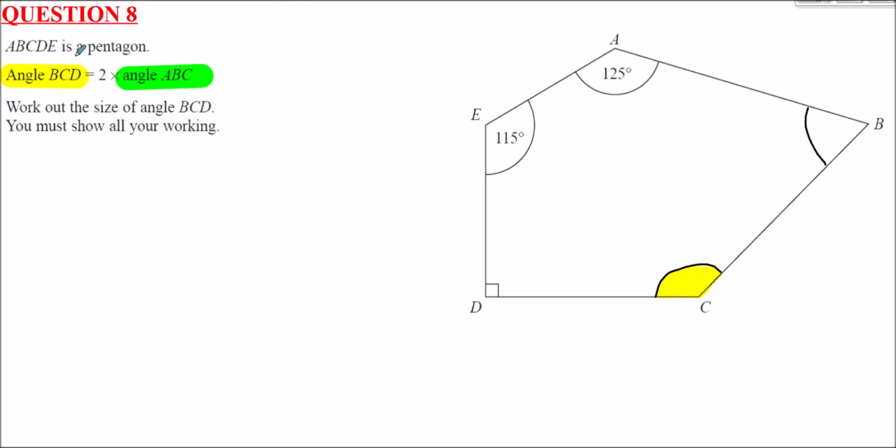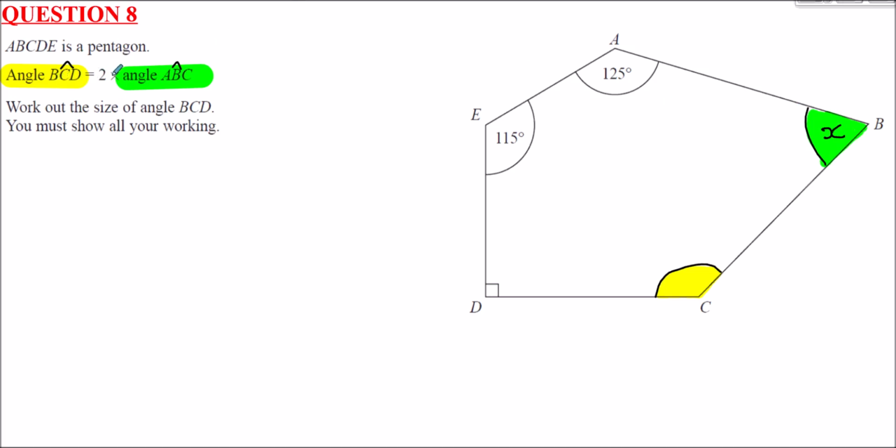Always go for the middle letter. So B, middle letter here, means the angle at B. So all we're saying here is the yellow angle I've coloured in is double the size of the green angle. But I don't know what either are. So what I'd suggest is, call the smaller angle, angle ABC, x.